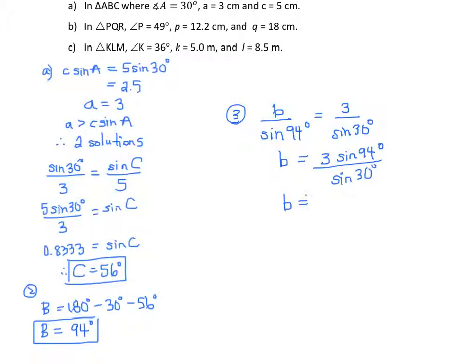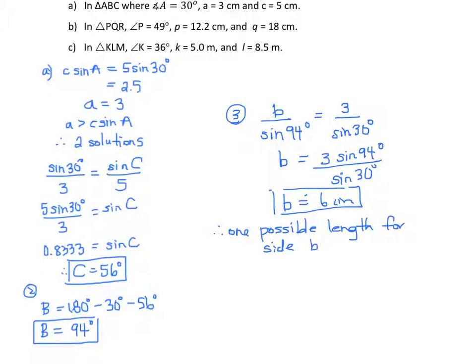So the length of side B would be approximately 6 centimeters. Therefore one possible length for side B is 6 centimeters. However, that's not the only length possible.